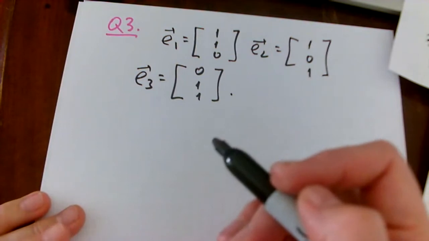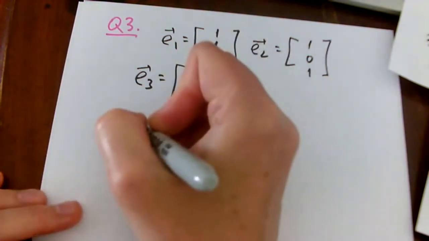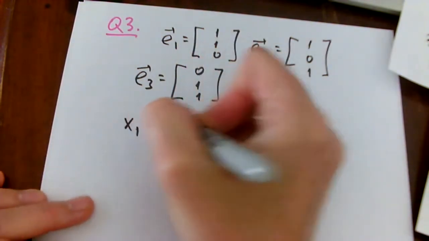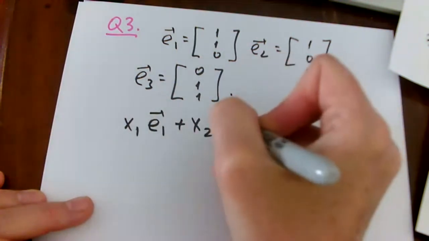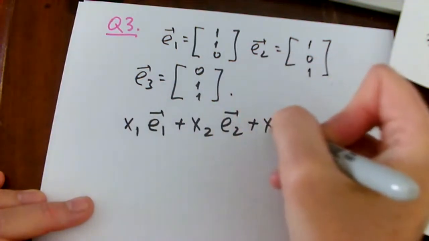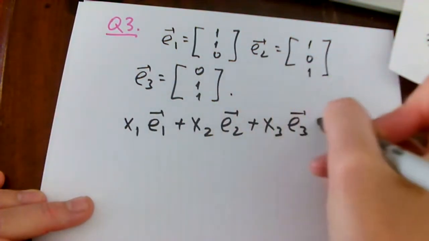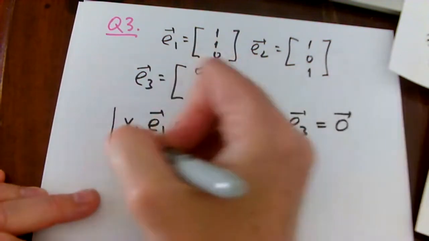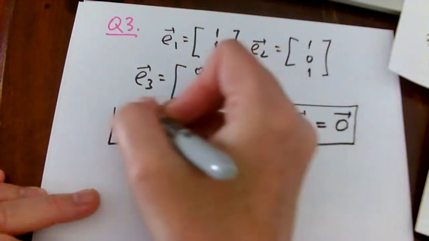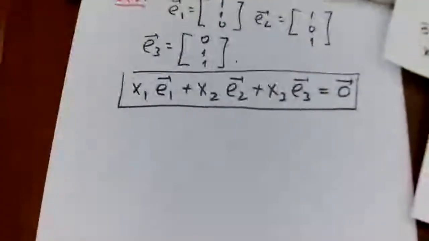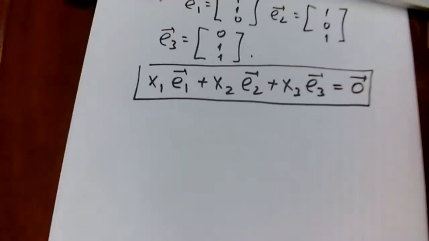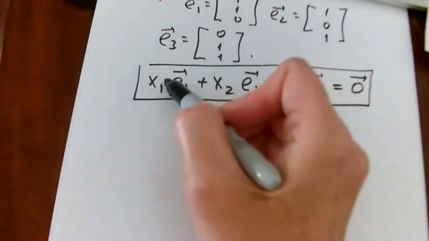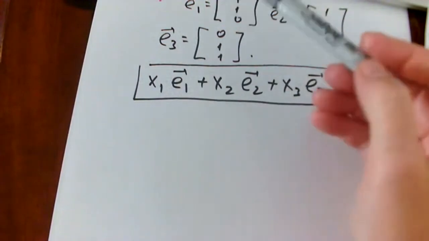So we need to build this equation in the first place: x1 e1 plus x2 e2 plus x3 e3 is equal to the zero vector. Now we need to solve this equation. Let's use our intuition.